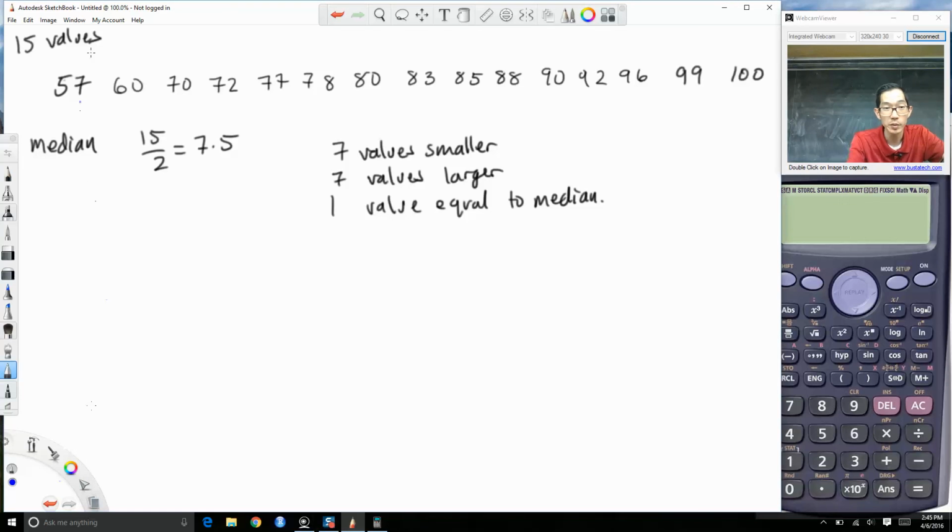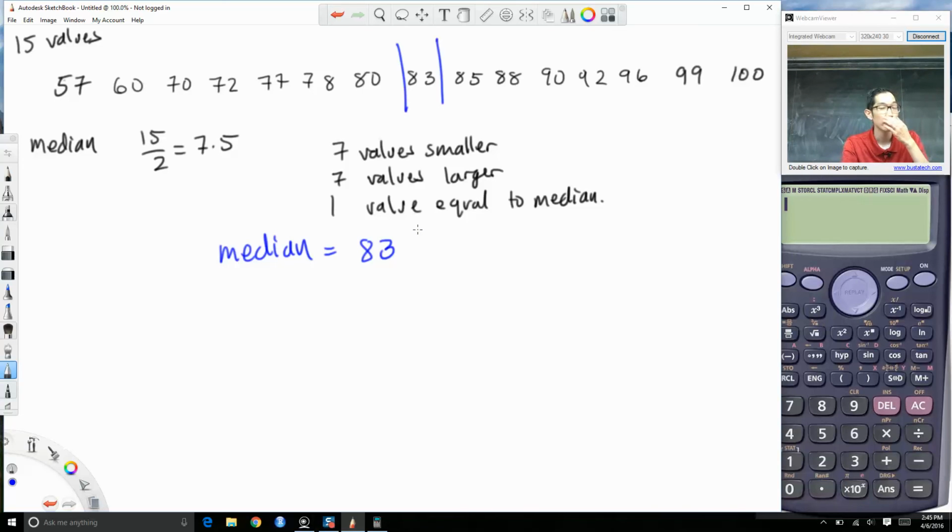So I'm going to count: 1, 2, 3, 4, 5, 6, 7. Then this is my value that's equal to the median, and then I've got 7 values that are larger: 1, 2, 3, 4, 5, 6, 7. So my median is equal to 83.